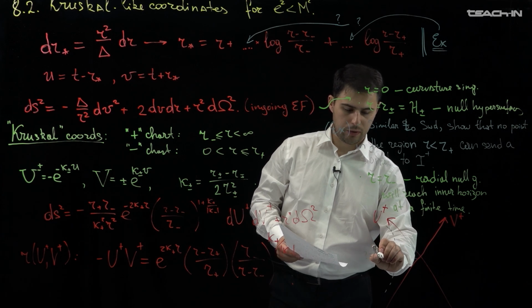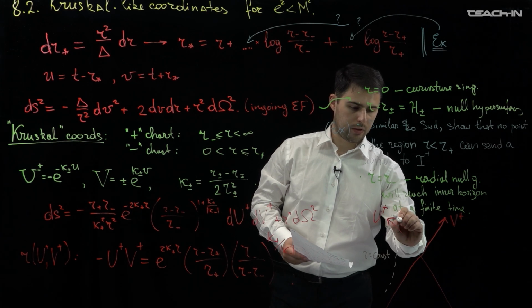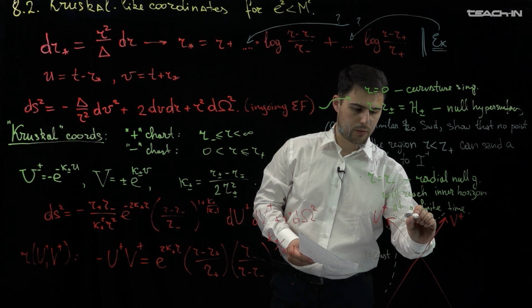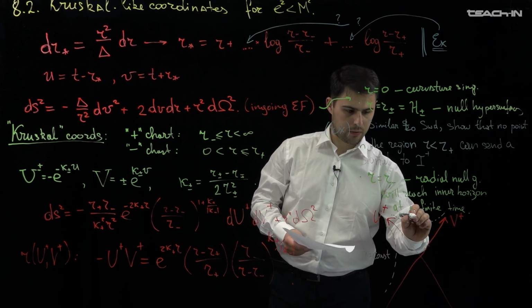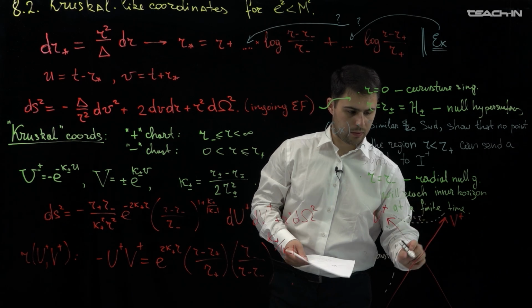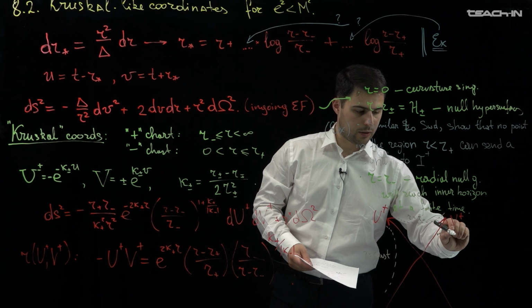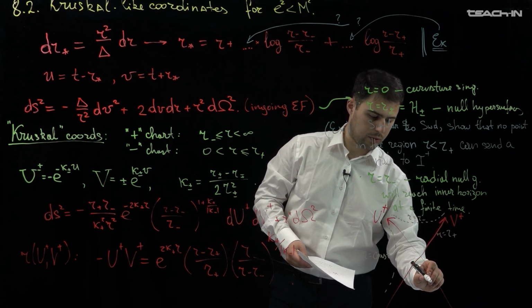So naturally the surfaces r equal constant are given by the following curves. And these lines are given by r equals r plus.